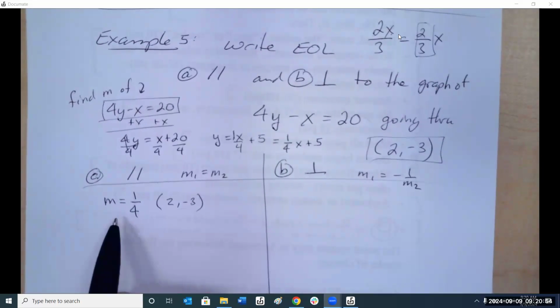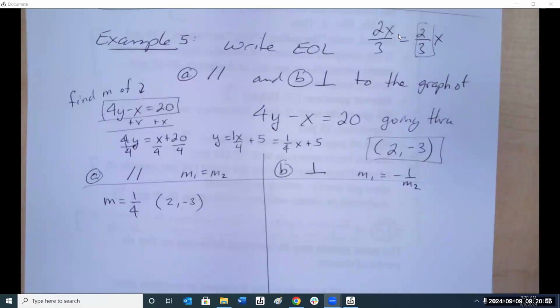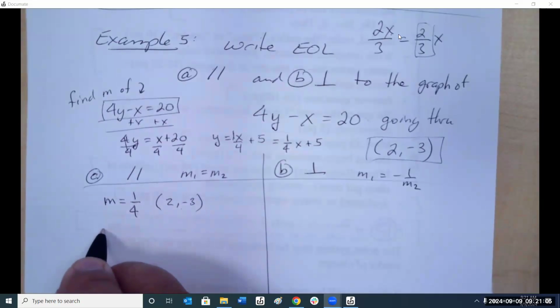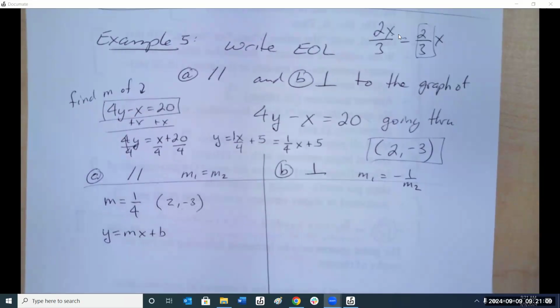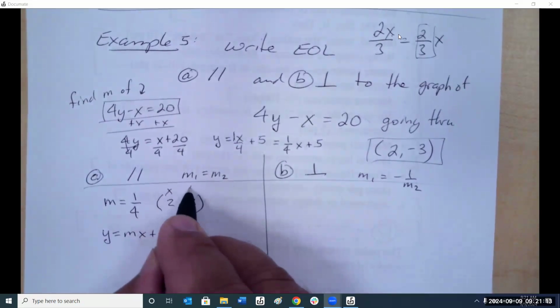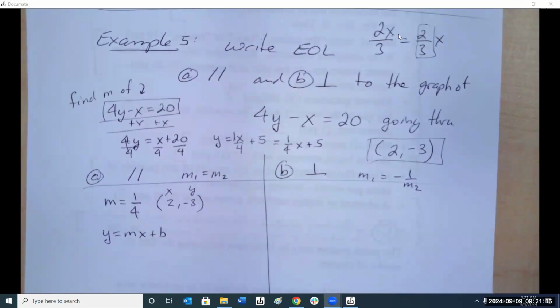Now we have a point and a slope. So what do we do next? We want it to be in which form? y equals mx plus b, that's the equation of a line. Remember, this is how we started off the class today. We did these kind of questions.